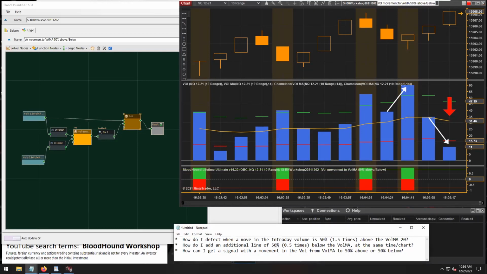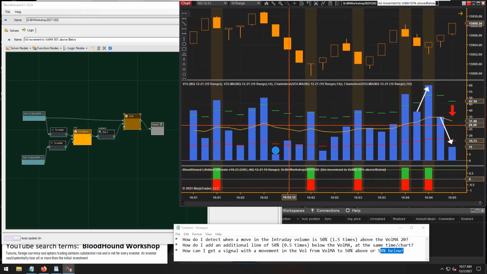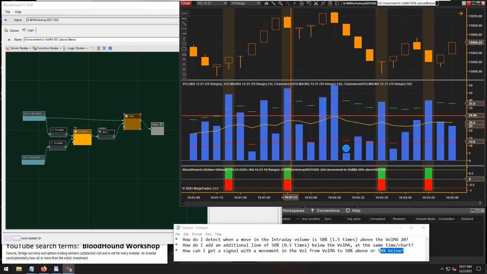Yeah, there's definitely something missing here in the second part of the question, where we're looking for a movement of the volume to go from the volume MA to 50% above or below. Because I guess what we're missing here is, there we go. Here's what we're missing.